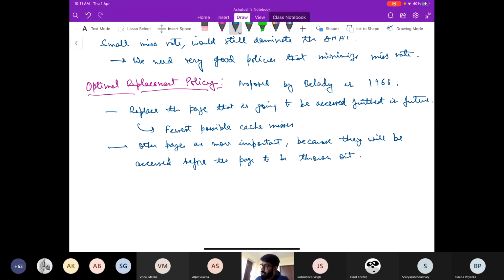Okay, good. So of course, as I said, this policy is not possible to implement, or if you find a way to implement it, that would be great. You can write a paper and be famous. And this basically works as a comparison point for analysis, to compare with the other policies.